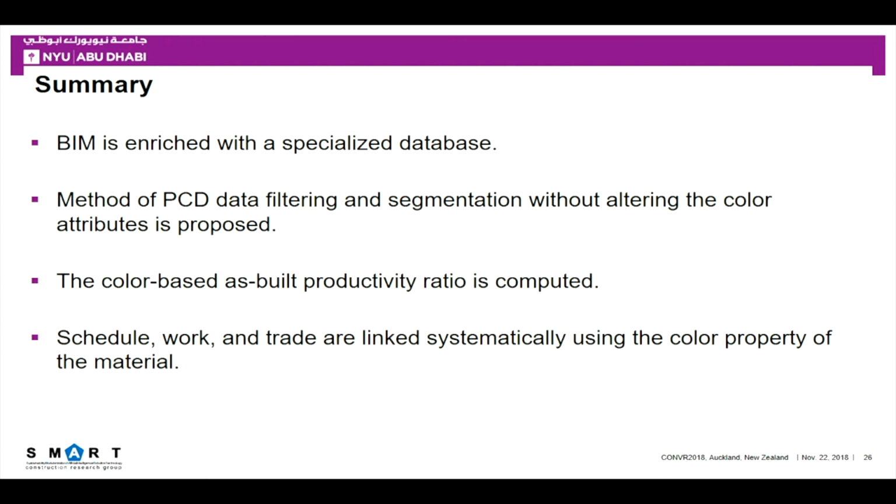For example, if you do filtering, you approximate points and get surface points which are not actually the real points collected on site. So we need color entities to be attached to those points. So we use the real ones which are actually in close proximity to the approximated. Productivity ratio is calculated depending on the color characteristics.